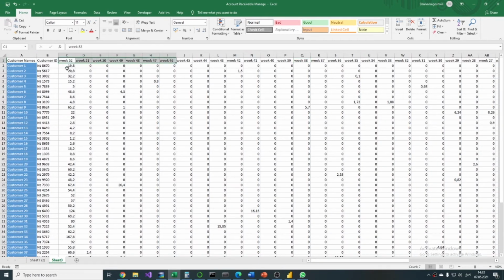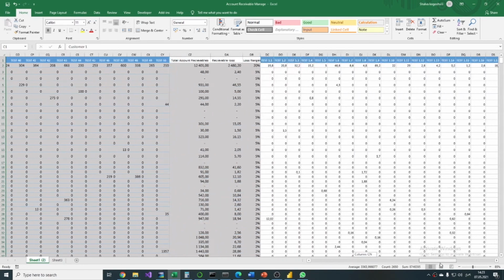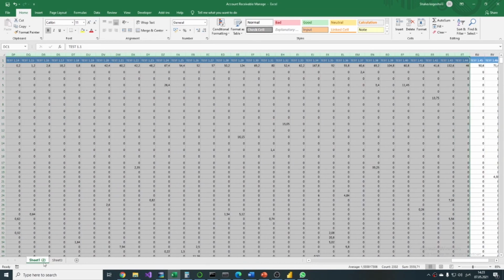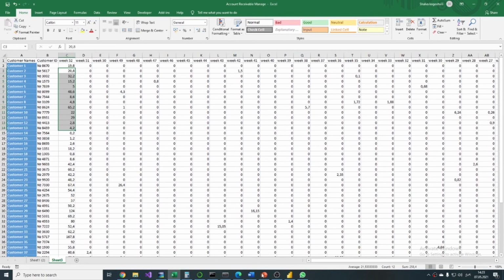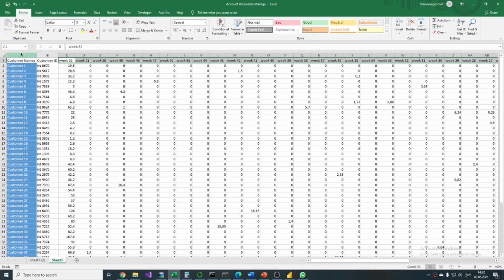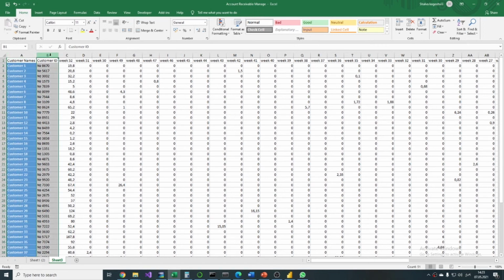For the periods, these amounts are the last tested amounts, and we represent them like this. Here are the week periods, and here are the customer names and customer IDs.